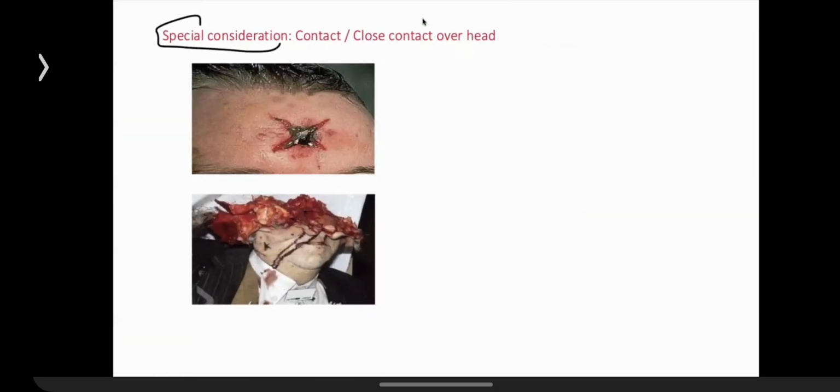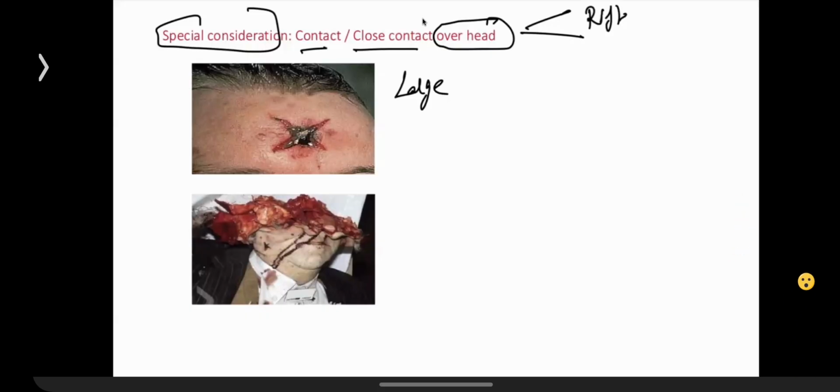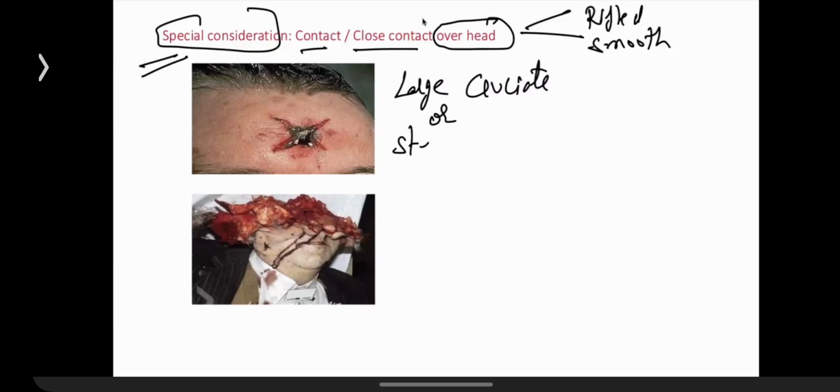Then this is a special type of wound, contact or close contact overhead, because the gases do not get enough space to expand inside the head. So it puts an outward pressure. This is true for both rifled as well as smooth bore. This is an exception scenario, which leads to large cruciate shaped or stellate shaped wounds.